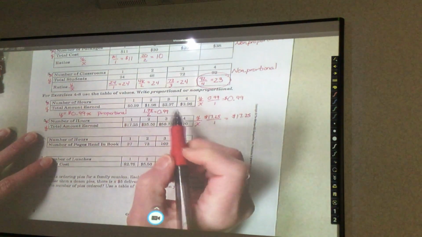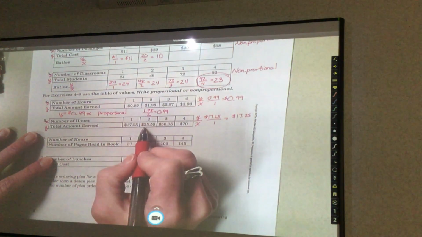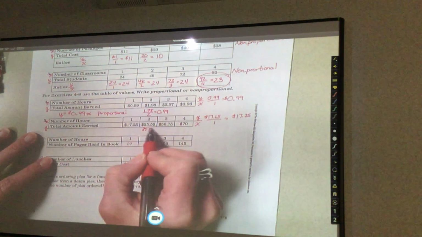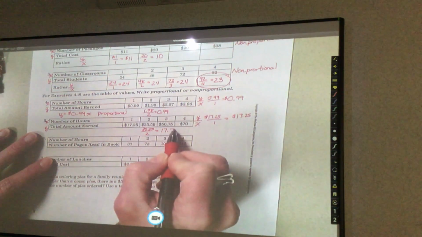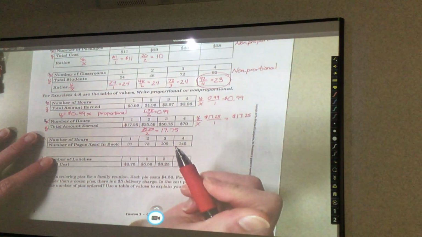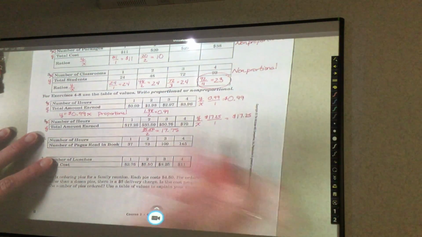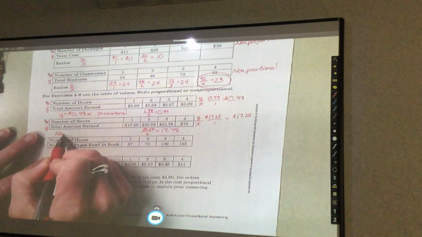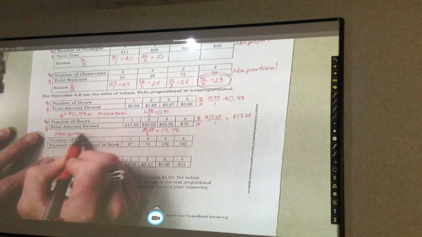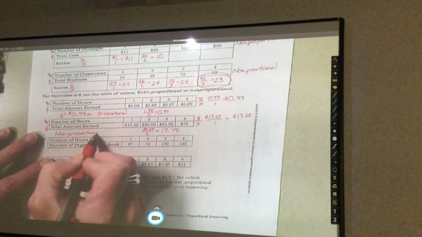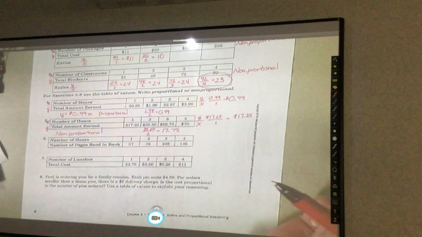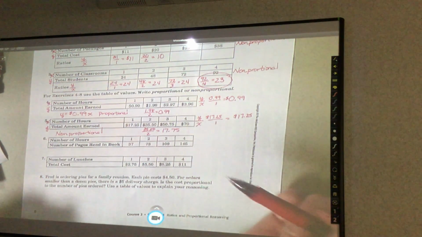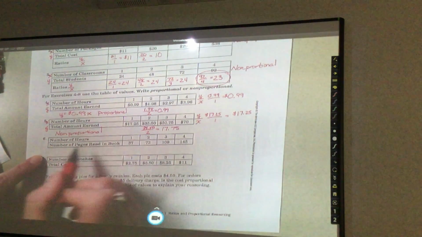Then I'm gonna do 3550 divided by 2, and I get 1775. Is it gonna be proportional? No, so you need to write non-proportional. Now, some of this I'm doing on my calculator, but I have to show work of what I am putting in my calculator.